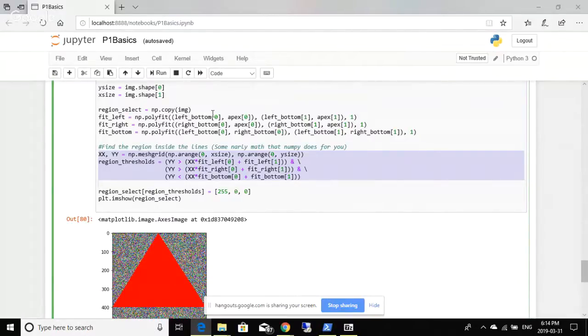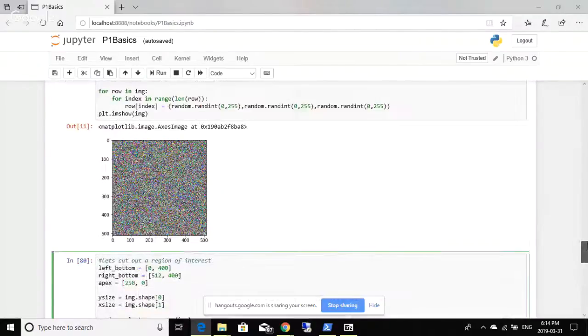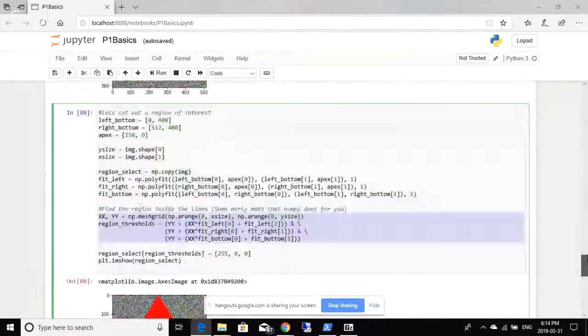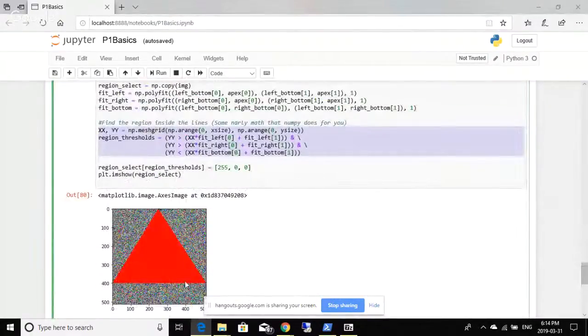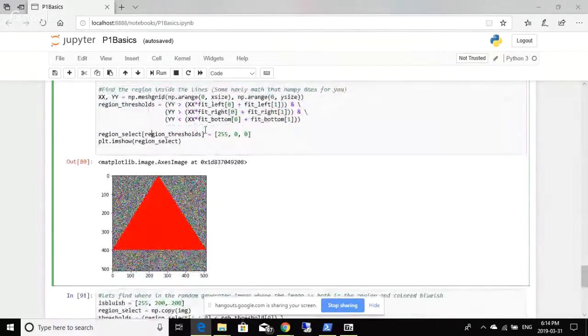So all this here was to give you the threshold matrix for whether it fell into the polygon. And in this case it's a triangle. And I think for the project a triangle more or less would be fine. So anything that falls into this will be red, right?